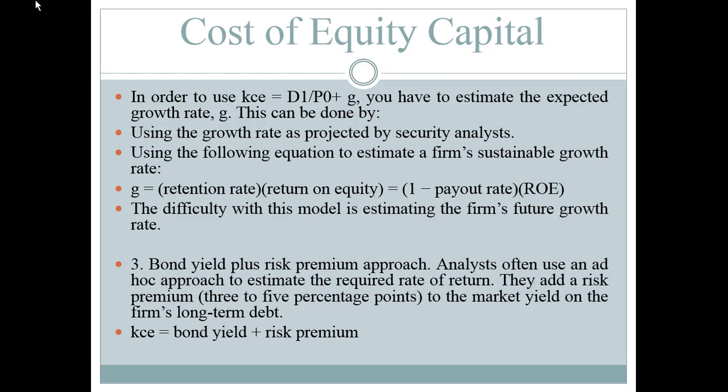With this dividend discount model, the only difficulty is estimating the growth rate. And then finally, you can use the bond yield plus risk premium approach to calculate the cost of equity. So here the cost of equity will be equal to the bond yield plus the risk premium.